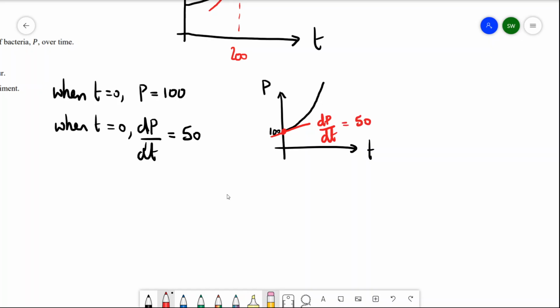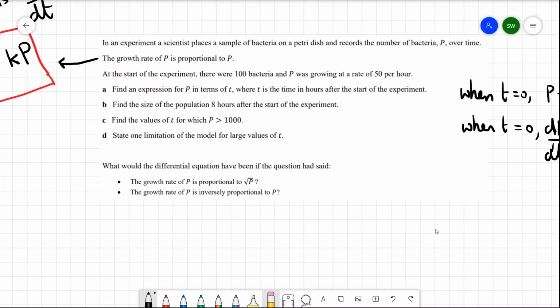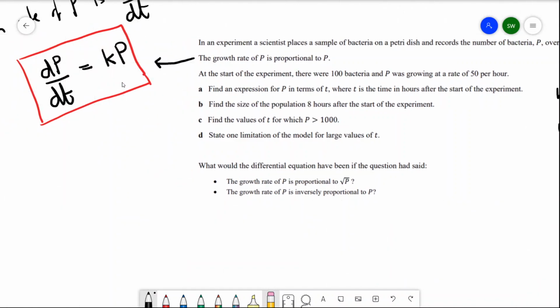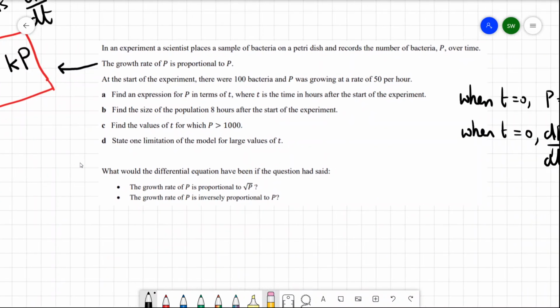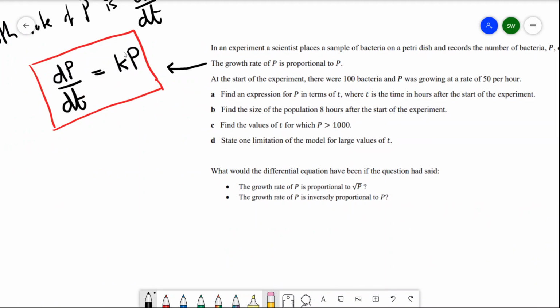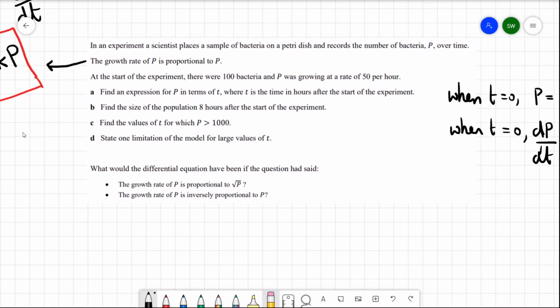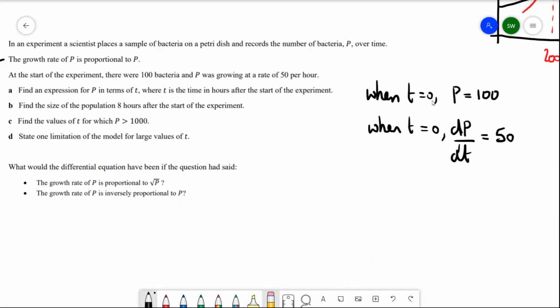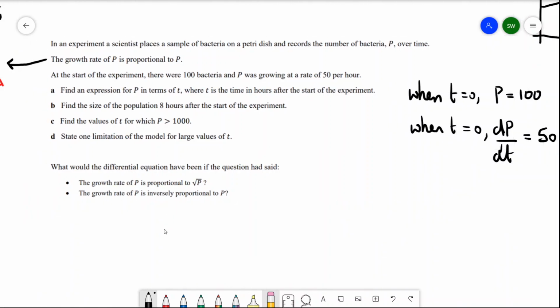So that literally means that if we were to draw a graph of P against t, the graph is going to look something like that, that we know that when t equals 0, P equals 100, and we're also told that at that instant, at the start, dP by dt, the gradient of this tangent, is equal to 50. So normally what we'd do is we would just solve this differential equation, but there's a bit of a trick for this question because we can actually find out what this value of k is equal to. Because we know that when t equals 0, P equals 100 and dP by dt equals 50.